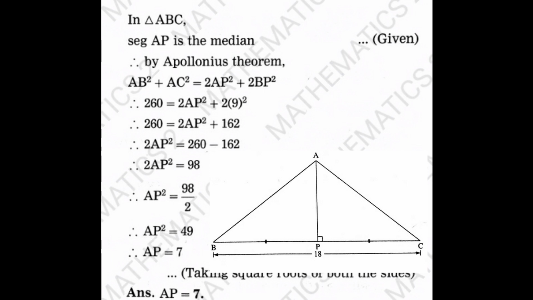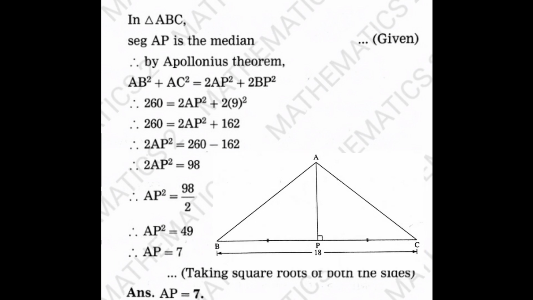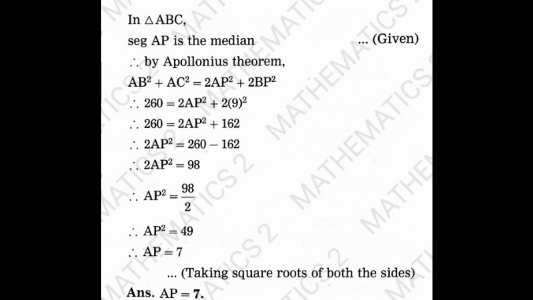So 2AP square is equal to 260 minus 162. Therefore 2AP square is equal to 98. So AP square is equal to 98 upon 2. AP square is equal to 49. So AP is equal to 7 by taking square root on both sides. So the final answer is median AP is equal to 7 units.